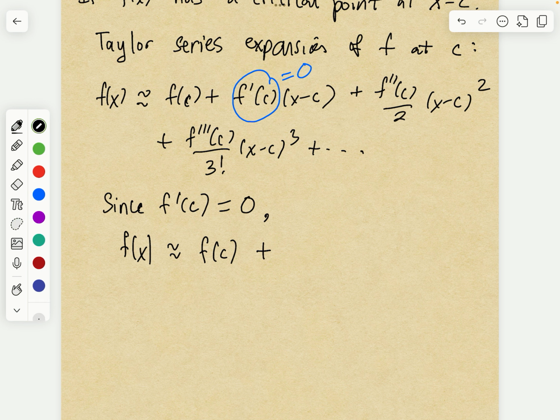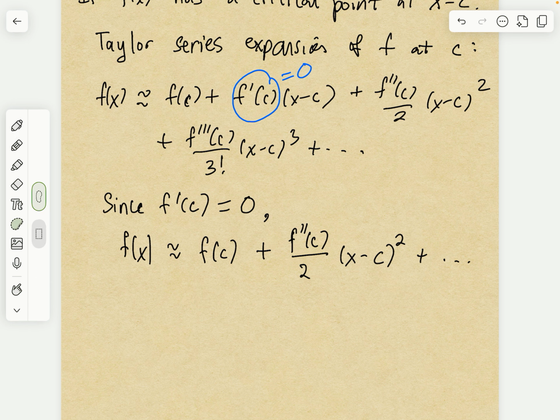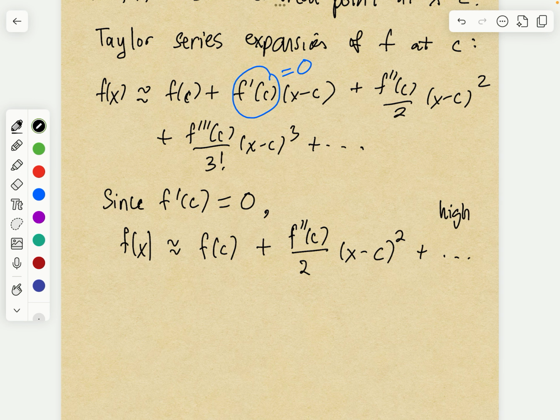So f of x is approximately f of c plus f double prime evaluated at c over 2 times x minus c squared, plus dot dot dot. The cubic part I'm just moving to the dot dot dot. These are called higher order terms.